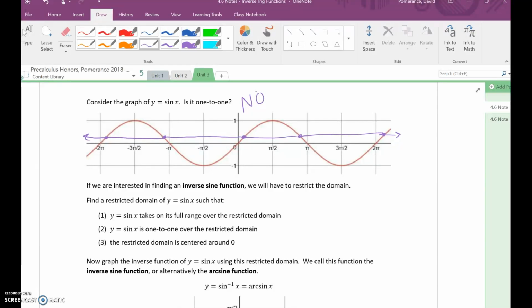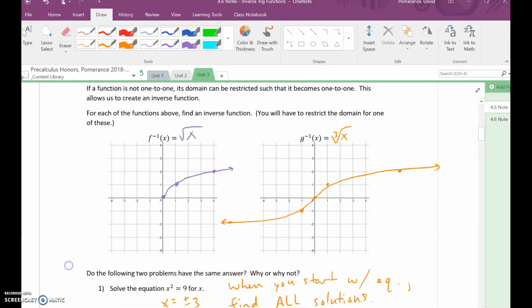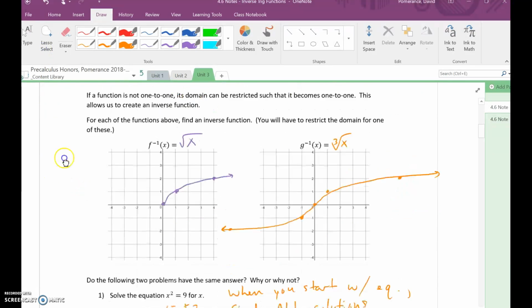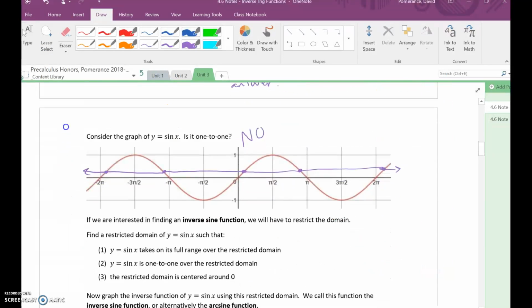So we're going to find a restricted domain, much like we did previously. Our restricted domain, I didn't write it down earlier, so let's write it down, is 0 to infinity. For that one, that was our purple branch over here. So what is our restricted domain for the sine function?